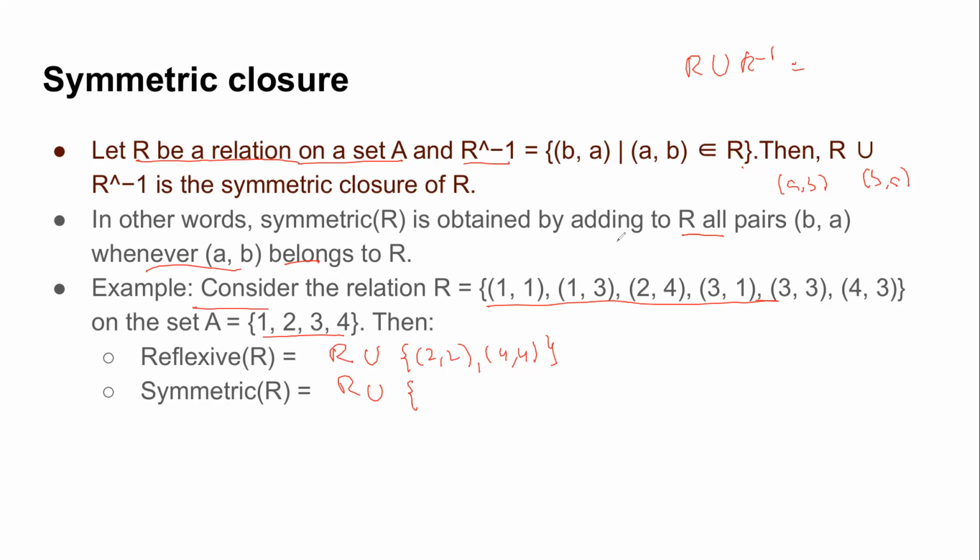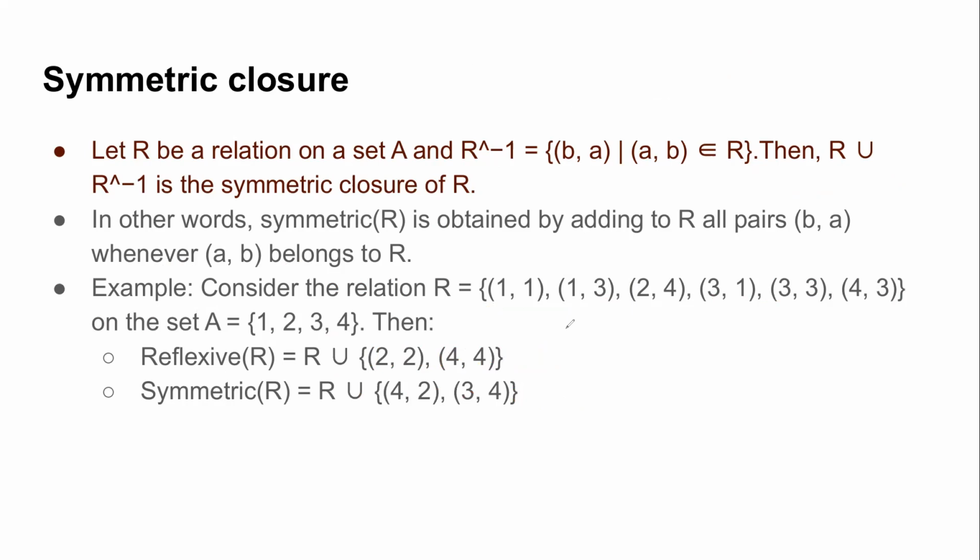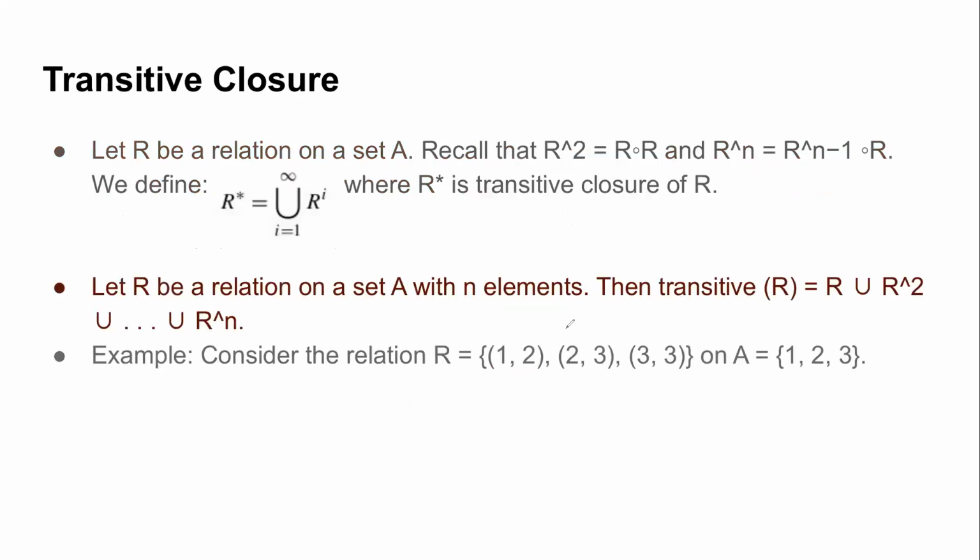So 1 comma 1 already has its inverse. 1 comma 3, 3 comma 1, 2 comma 4, 4 comma 2 is missing. So 4 comma 2 and 3 comma 4 is missing, and that is what is our symmetric and reflexive closure. Okay. Similarly is our transitive closure.